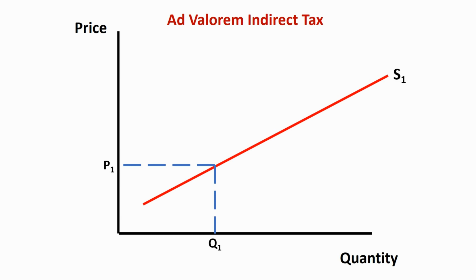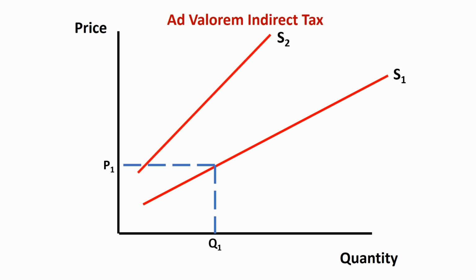But the government applies an ad valorem indirect tax. Let's imagine, for instance, that it is a 20% tax on the price of a unit. Now, this has the effect of shifting the supply curve upwards and to the left. It's an increase in the costs of production. However, because the incidence of tax will change according to the market price, it has the effect of raising the cost of production at a greater rate than S1.